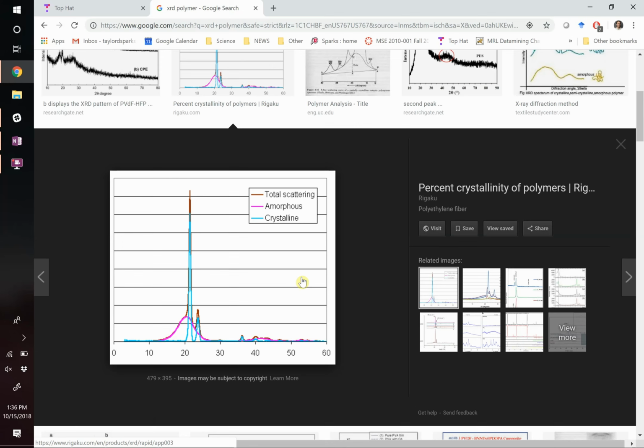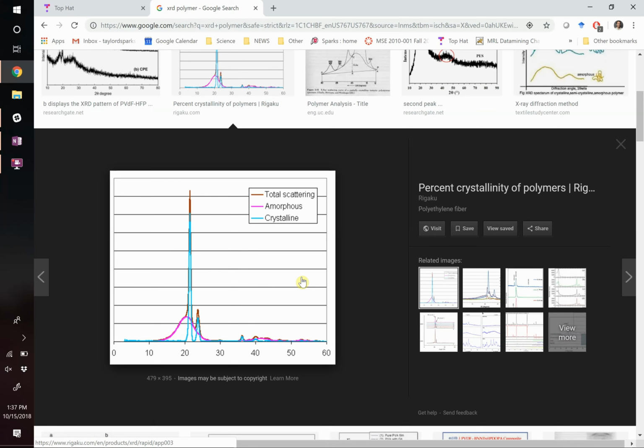You just have average distances between atoms, but you don't have nice planes of atoms. And so you don't see a sharp peak which corresponds to a single plane. Instead, you just see an average distance of molecules. So the location of this peak tells you something about the average distance of atoms, but it doesn't give you a nice peak and therefore a nice d-spacing, whereas the crystalline version has really nice d-spacings.